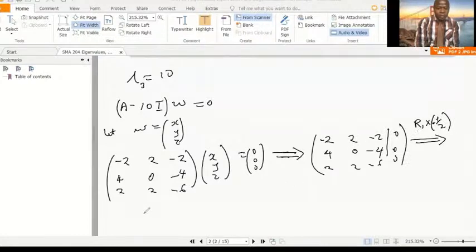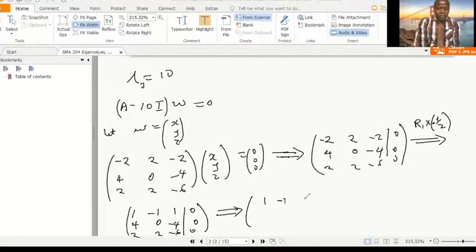You get 1 here, negative 1 here, and 1 here, then 0. And these other rows, let them remain the way they are. So row 3 also remains the way it is. This was negative 6, and that is 0. So now, row 1 remains the way it is.